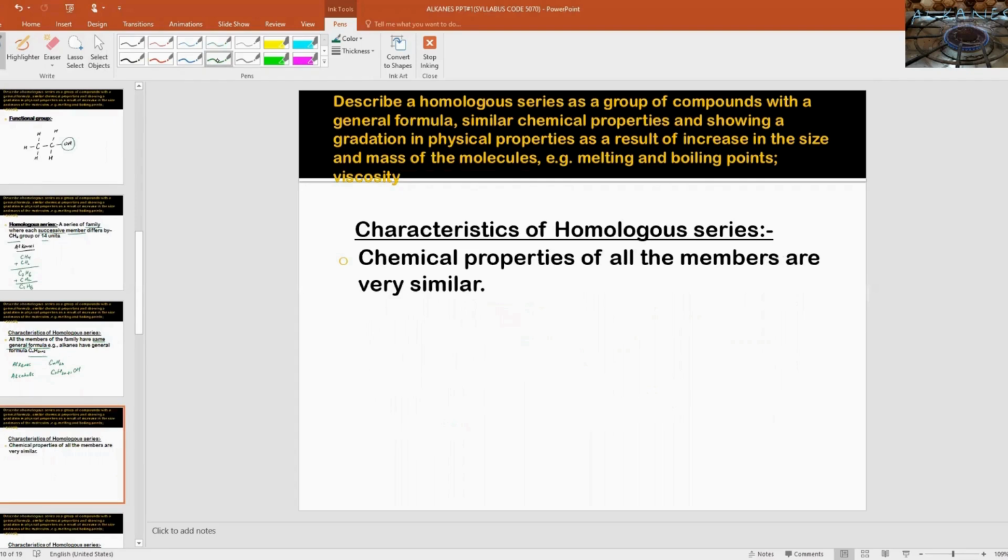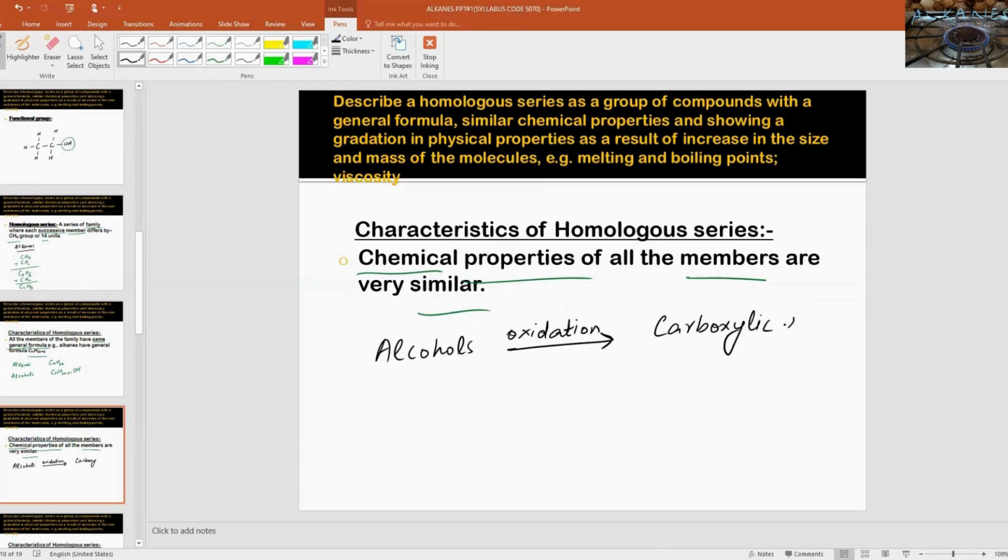Chemical properties of all the members are very similar. For instance, alcohols on oxidation give carboxylic acids.